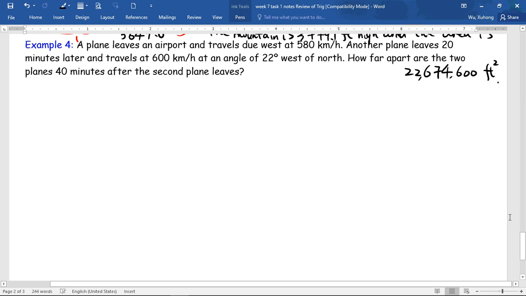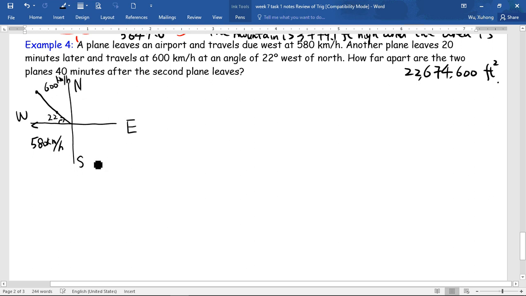Then the next one involves the compass. A plane leaves an airport and travels due west. When you see south, east, west, you are going to draw a compass: north, south, west, east. So due west means fly this way, at 580 kilometers per hour. Then another plane leaves 20 minutes later and travels west, 22 degrees north, at 600 kilometers per hour.